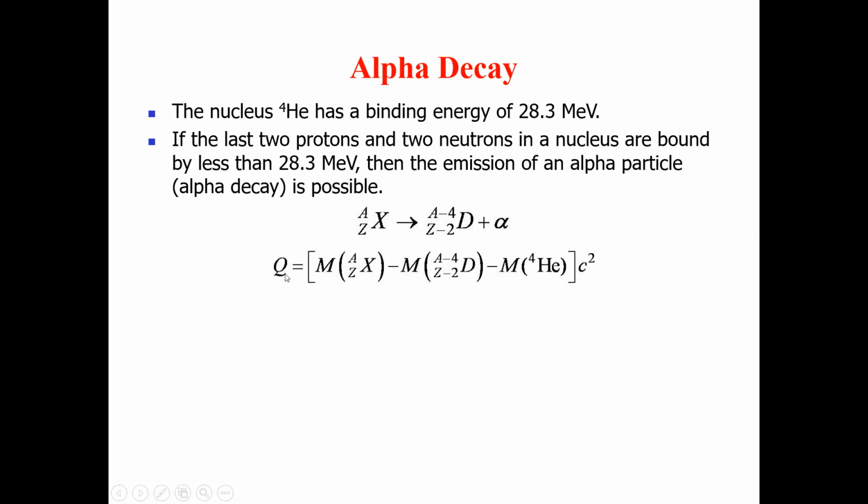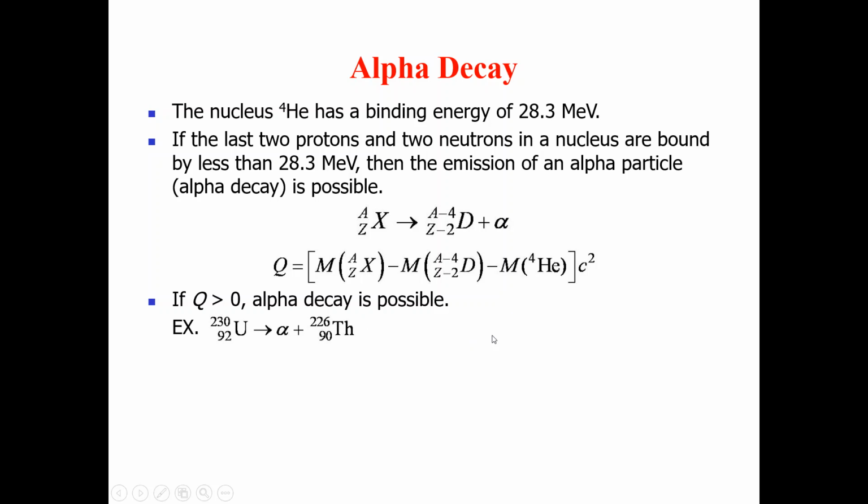That is, we have the mass of the parent nucleus minus the mass of the daughter nucleus minus the mass of the alpha particle, whole multiplied by c squared, where c is the speed of light. Again the same condition: if Q, the disintegration value, is greater than 0, then alpha decay is possible.